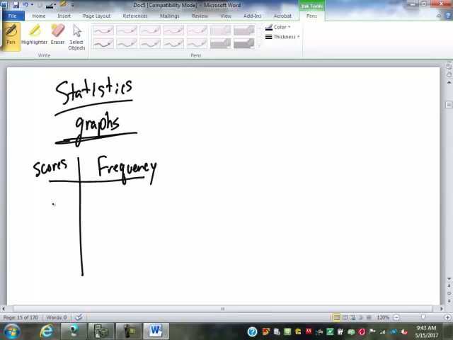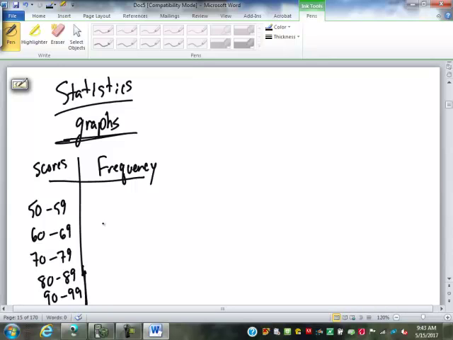So I might do 50 to 59, 60 to 69, 70 to 79, 80 to 89, and 90 to 99. And I'll give frequencies here: 2, 5, 12, 21, and 8. Those are my frequencies.